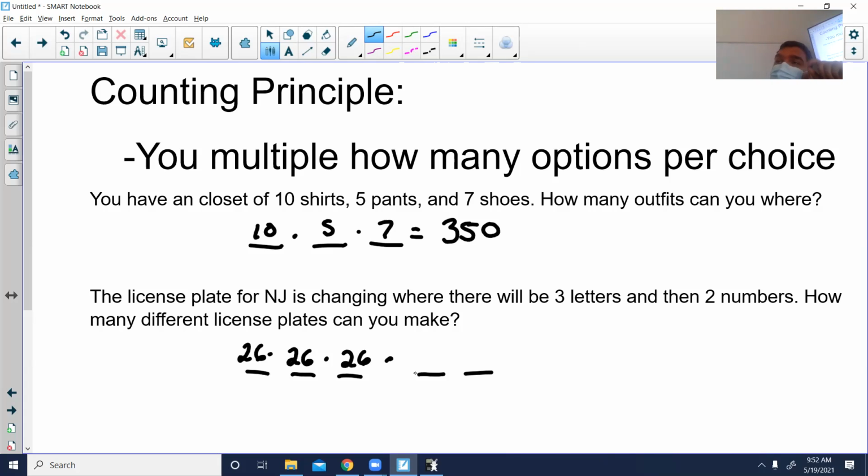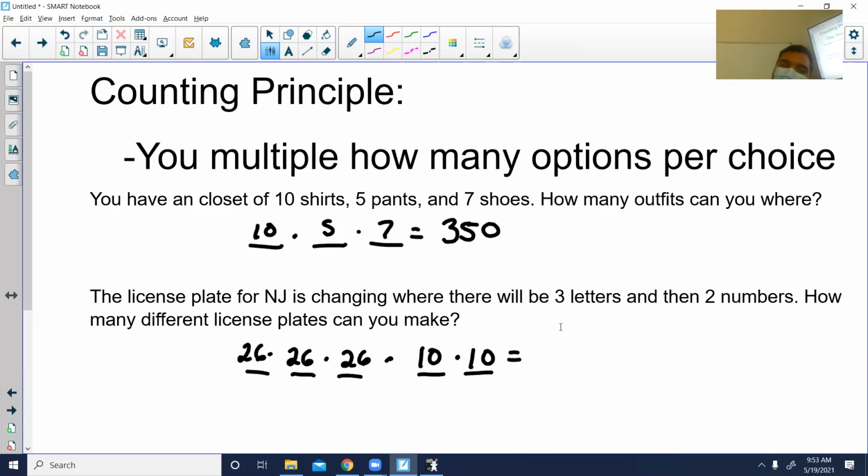This is basic. How many 1-digit numbers are there? 10, because you gotta think of 0 too. So there's 10 1-digit numbers, and then 10 1-digit numbers. So again, the counting principle is just literally counting what you have and then multiplying it together. 26 to the 3rd power, you mean?